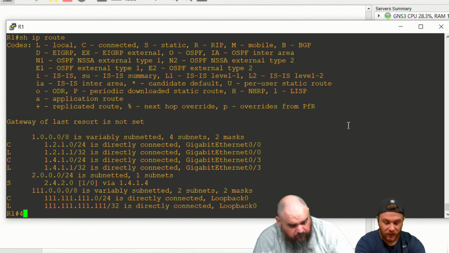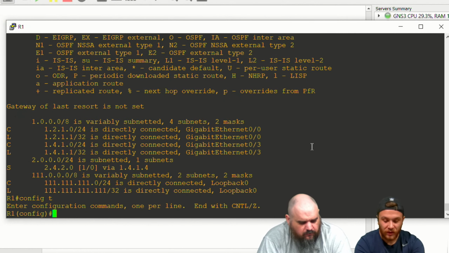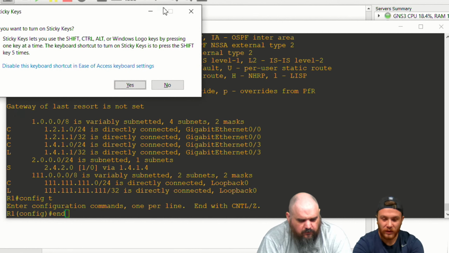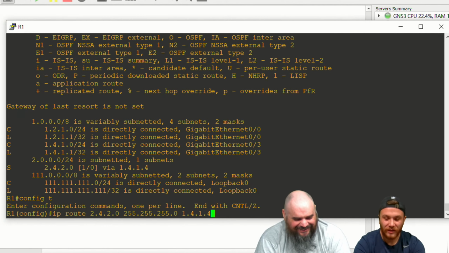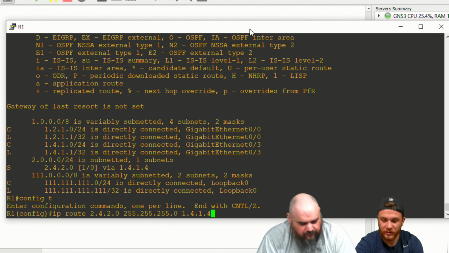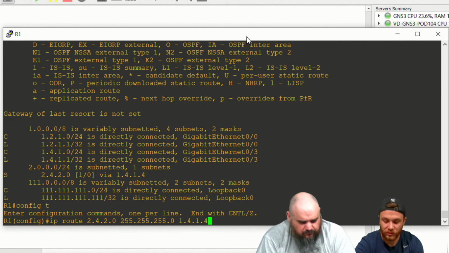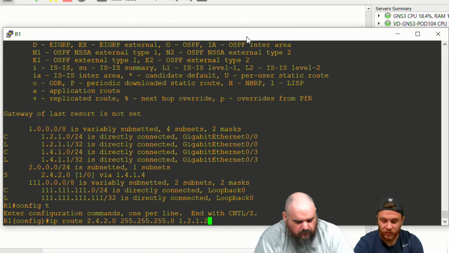Let's say I config T. We'll just cheat and do a little bit of up. Oh, I did sticky keys. My bad. Please don't judge me. So we're going to cheat a little bit and do 1 2 1 2 1 2, I believe.